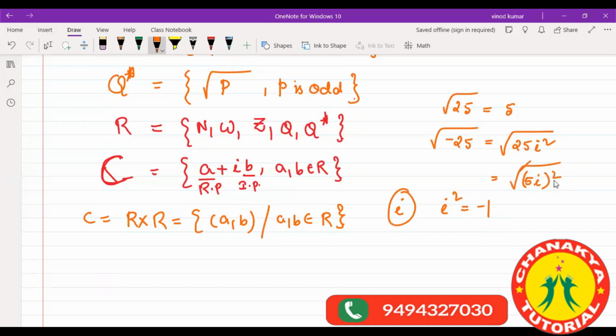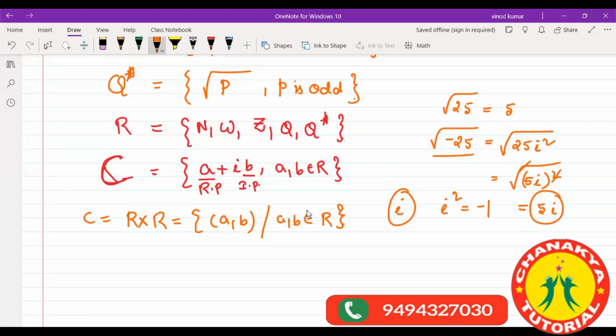Then the root and square both cancel, and we get 5i. So root -25 value is 5i. Radicals having a negative sign, the negative will be converted into the imaginary part.